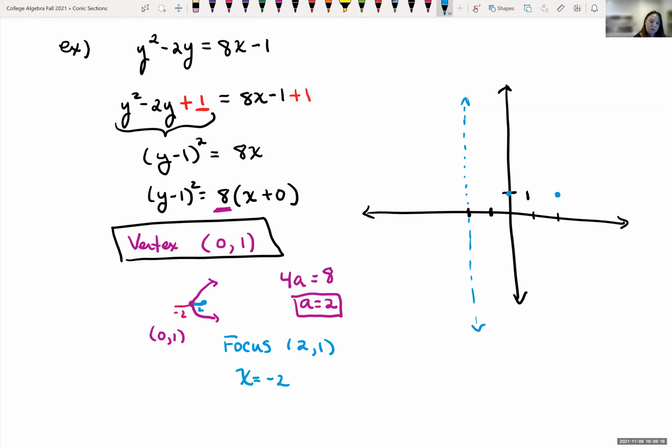We know our parabola is facing towards that focus. And so if you look at this, it's not going to cross, well, our vertex is touching that y-axis. So all we want to find is that x-intercept, and it's going to just be 1, right? It's only going to cross the x-axis once. And so let's find that x-intercept.